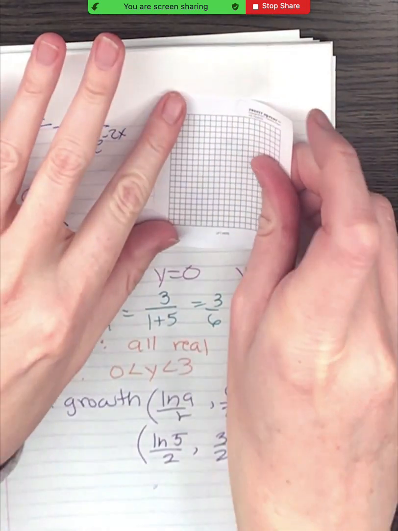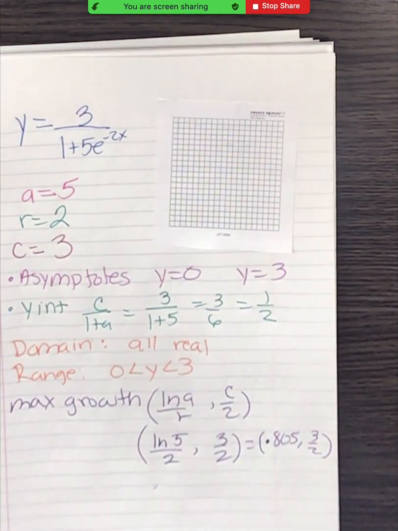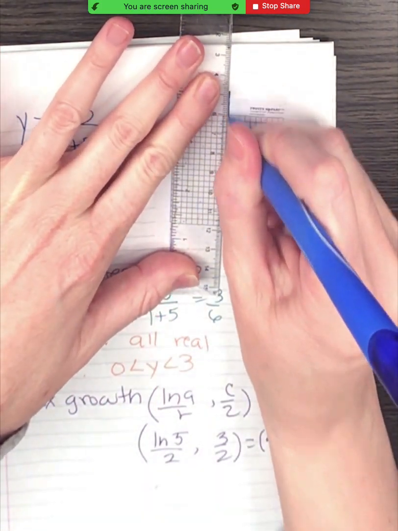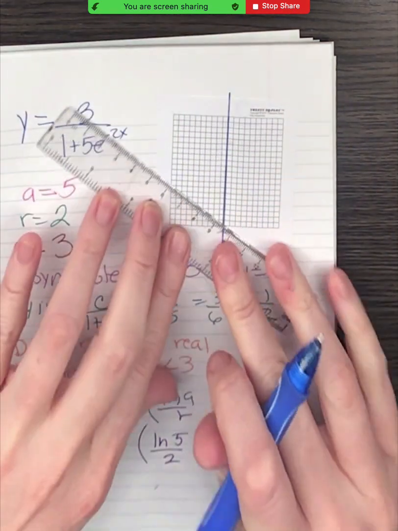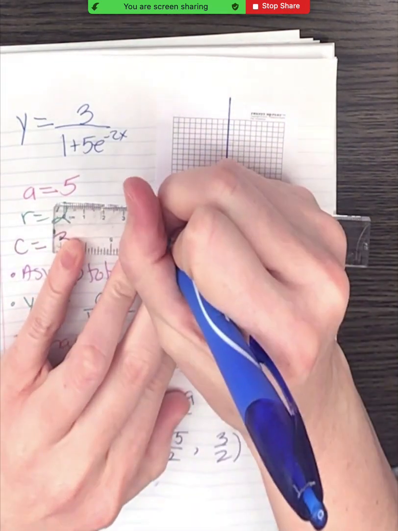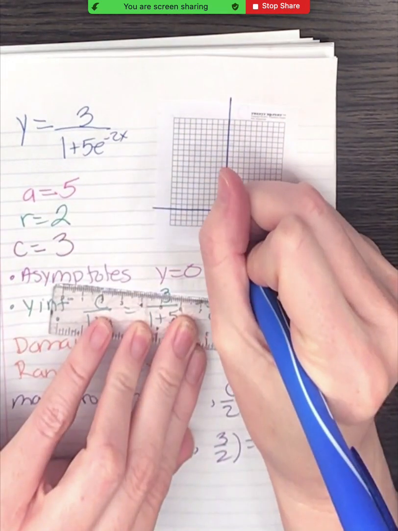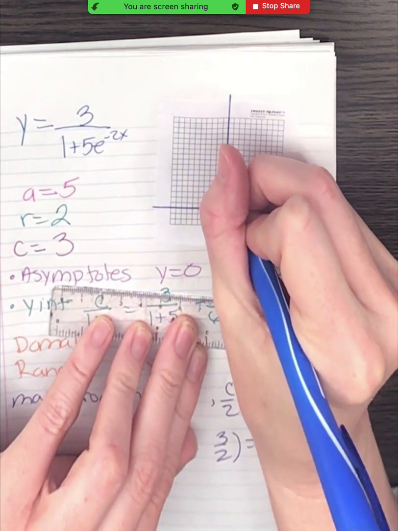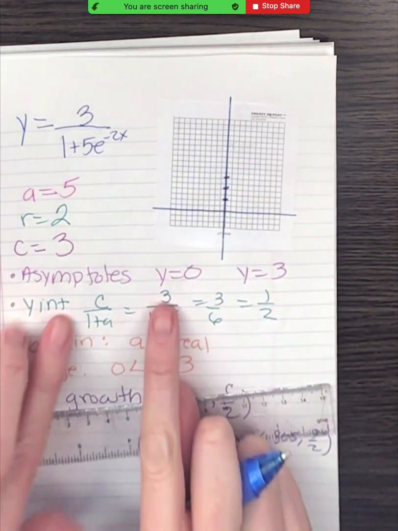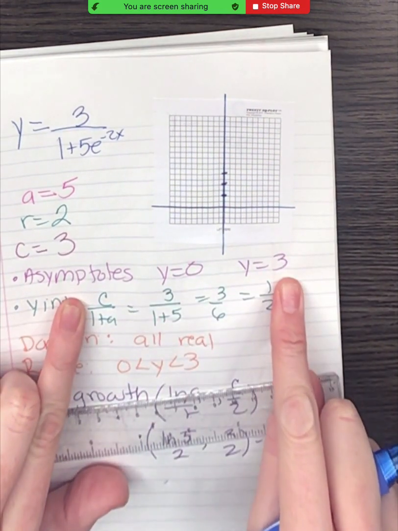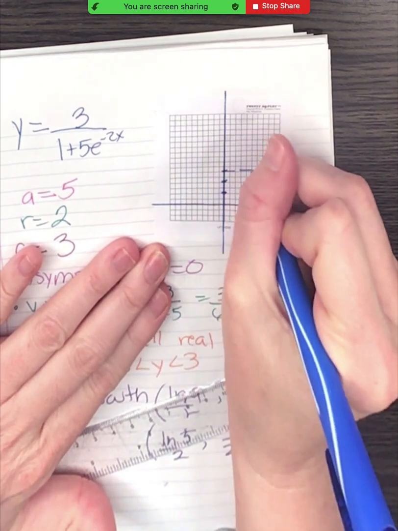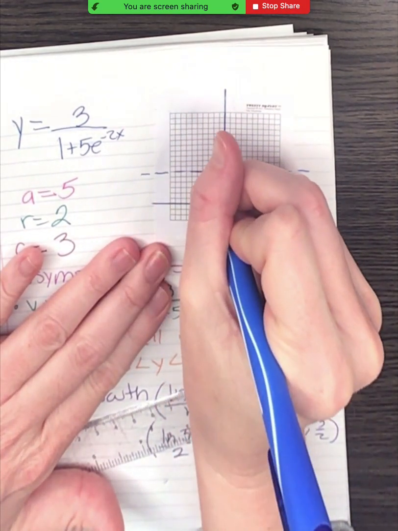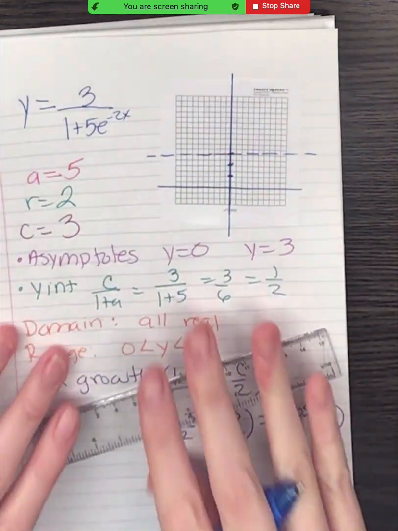I know it's above the x-axis, so I'm going to put it here. The asymptotes are 0 and 3. So I know between this line and this line is going to be my entire graph, because those are my asymptotes.